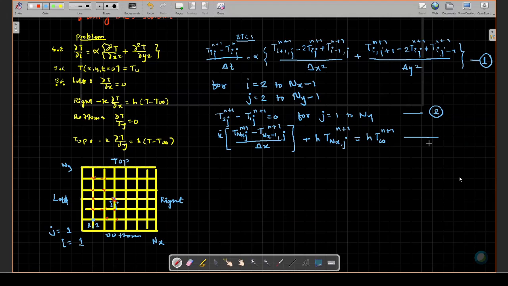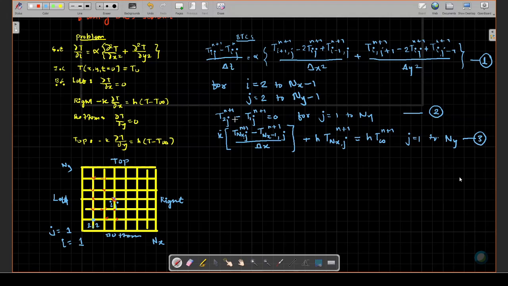This is for the right boundary, again for j equals 1 to ny. So this is 3. What about the bottom boundary condition?